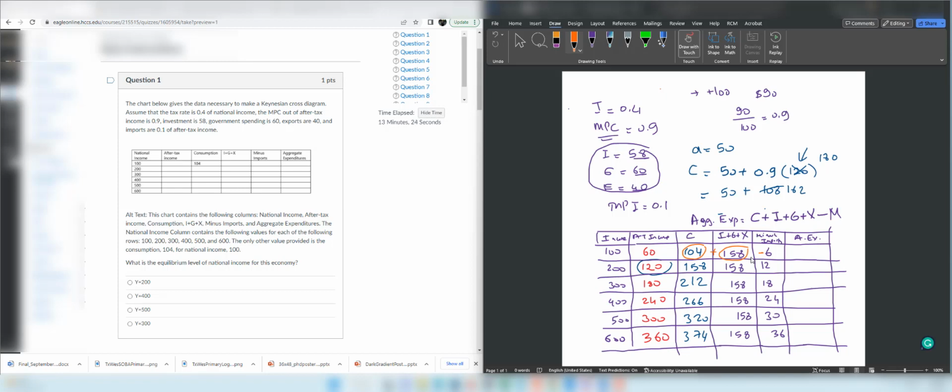104 plus 158 minus 6, 256. I will do this for all rows that I have. So 158 plus 158, 316 minus 12, 304 here. And the next one, 212 plus 158 minus 18, that's 352.